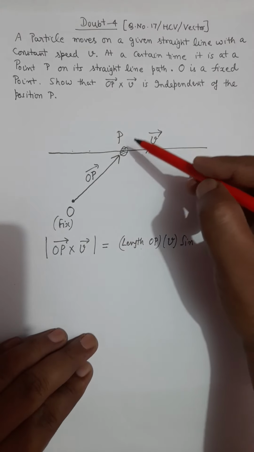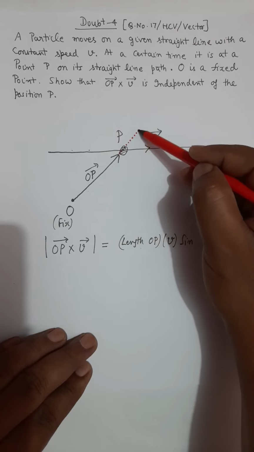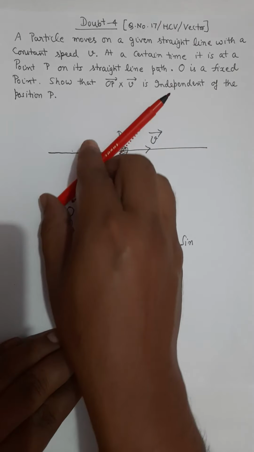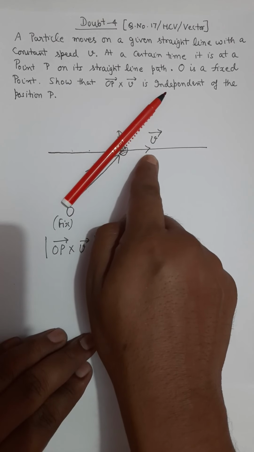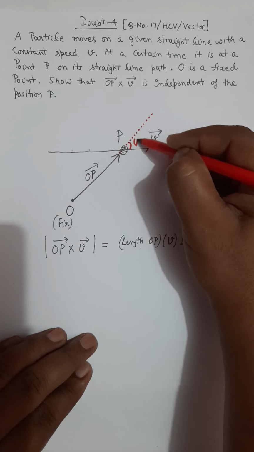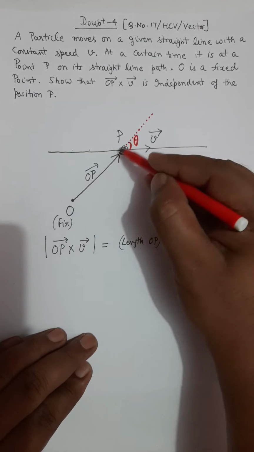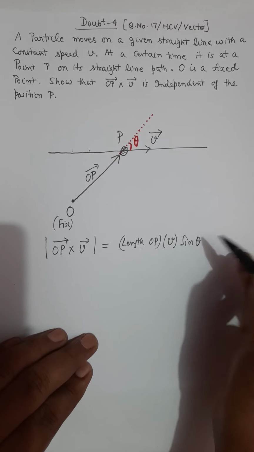If you extend OP to the front side, this is the direction of OP vector, and this is the direction of V vector. So you will take theta as the angle between OP and V, and you will put sine theta here.